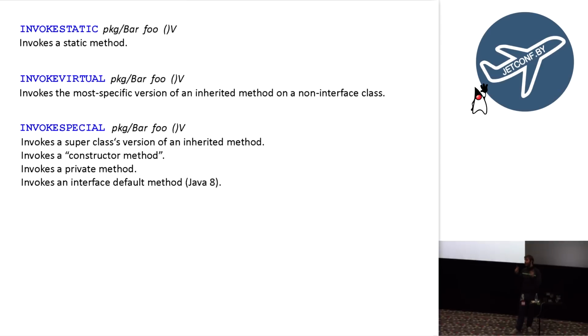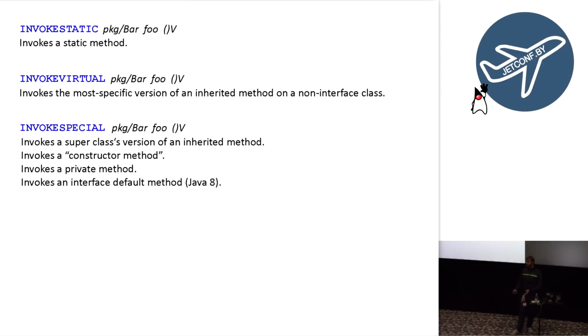Constructors are called init in angle braces, and static blocks are called clinit within angled braces, right? And you don't want to dispatch constructors virtually. Constructors aren't inherited, so you say to the JVM, you know what, just invoke this method without looking up any hierarchies.